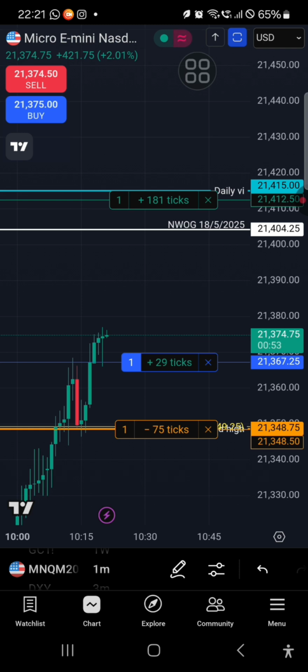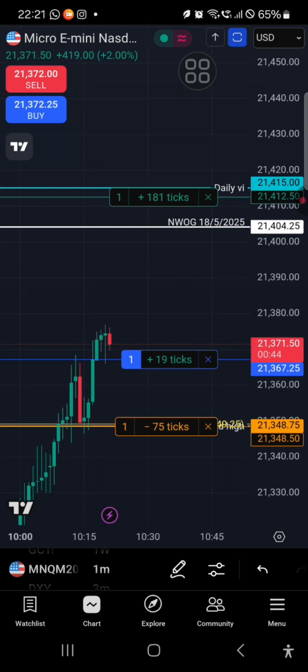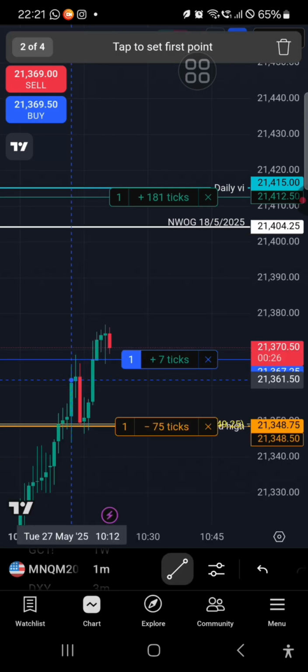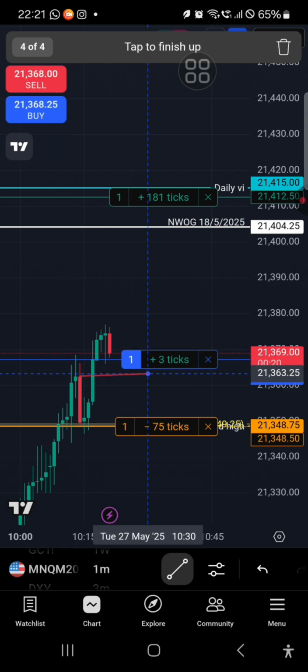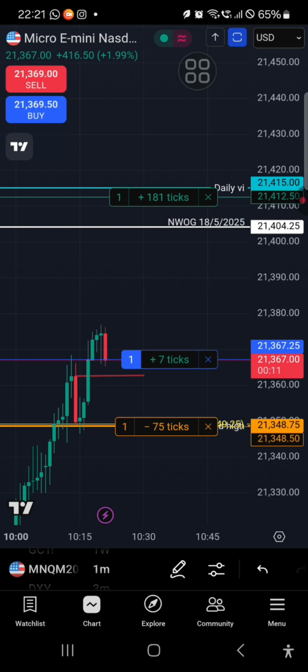Time is 10 a.m. and we are that close to the daily VI. My stop loss is right below the order block. This is the order block right here. Just submitting to price.